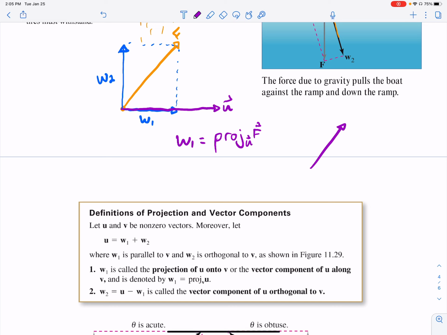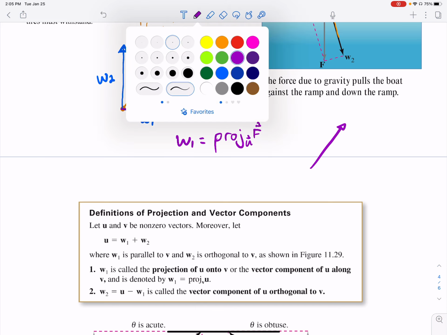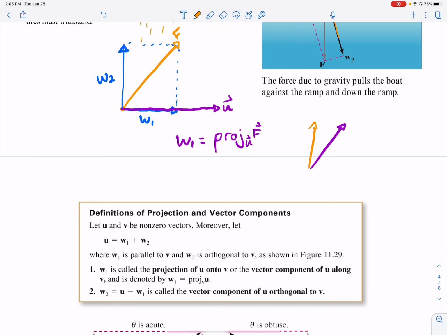So W1 is parallel to V, and then W2 is orthogonal. So if I had V, this is W2. And then we get this weird shading here. That's W1. That's the projection.